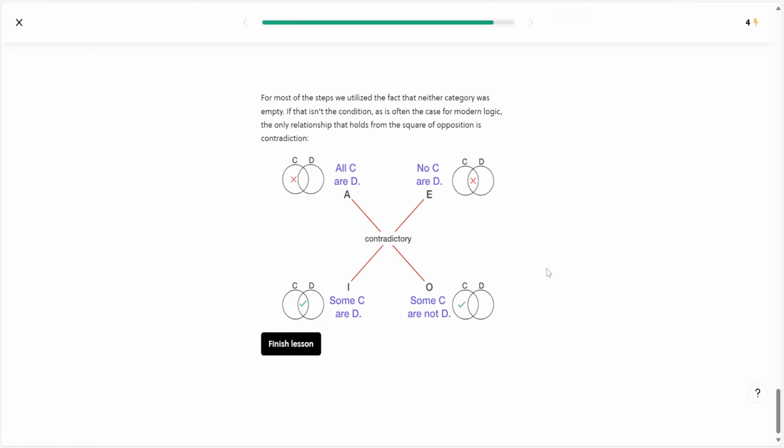For most of the steps, we utilize the fact that neither category was empty. If that isn't the condition, as is often the case for modern logic, the only relationship that holds from the square of opposition is contradiction. Okay. So if any of these are empty, none of the rules apply. Okay, fair enough.